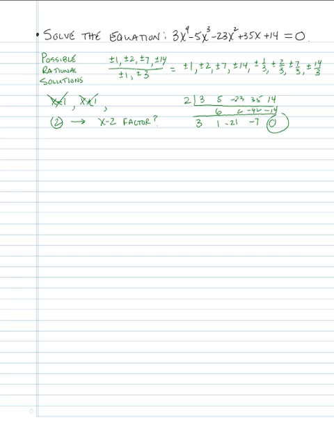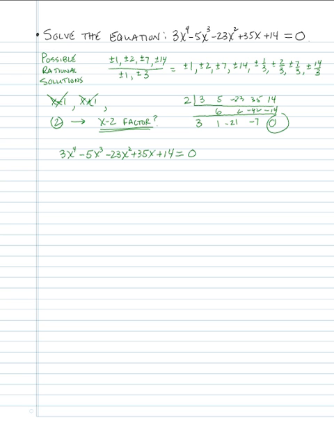Which also means 2 is a 0, is a solution. But we know x minus 2 is a factor. That's what we just found out. So I'm going to write it in here: 3x to the 4th minus 5x cubed minus 23x squared plus 35x plus 14 equals 0.